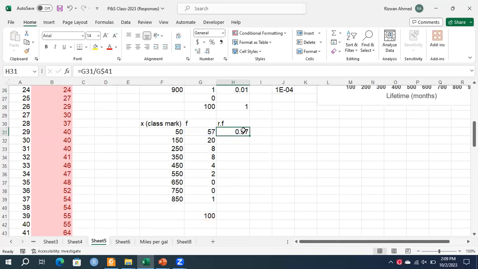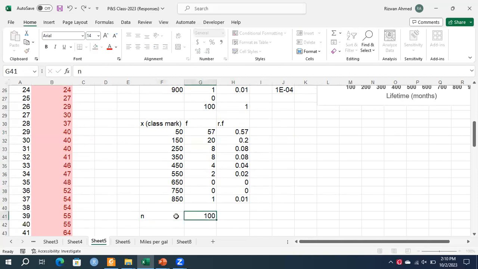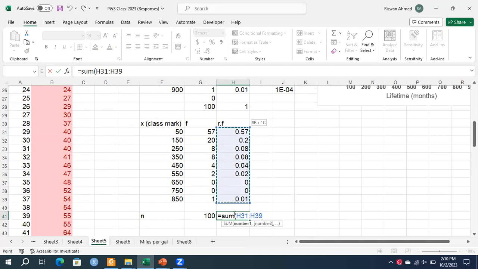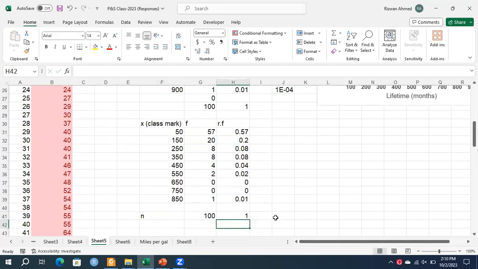When I drag this calculation to apply the similar calculation on the lower cells, it will fix the value n. This was the n. So now the total number here is equal to the summation of all these values, and it equates to 1.